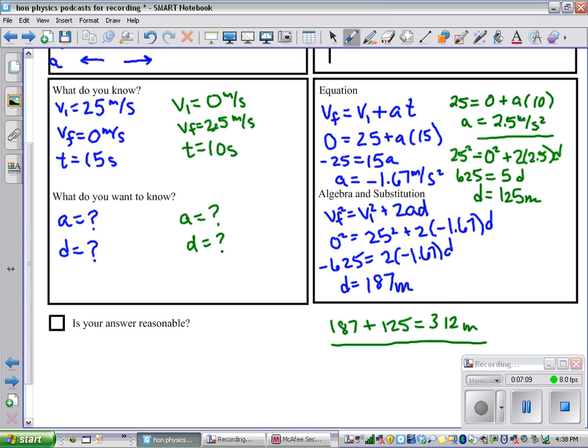So our final answer for distance is 312 meters. Our final answers for acceleration are negative 1.67 and 2.5 meters per second squared. And these are both reasonable answers for a car with those speeds.